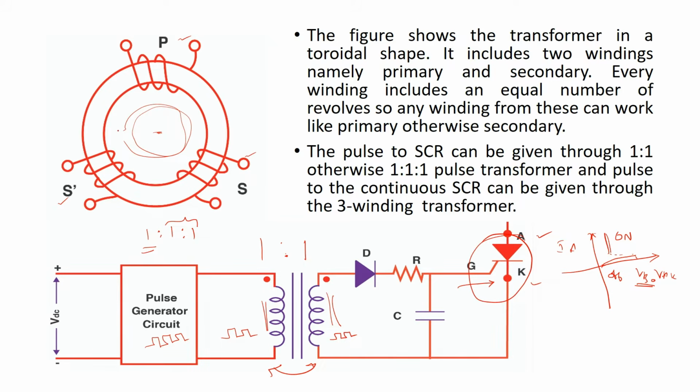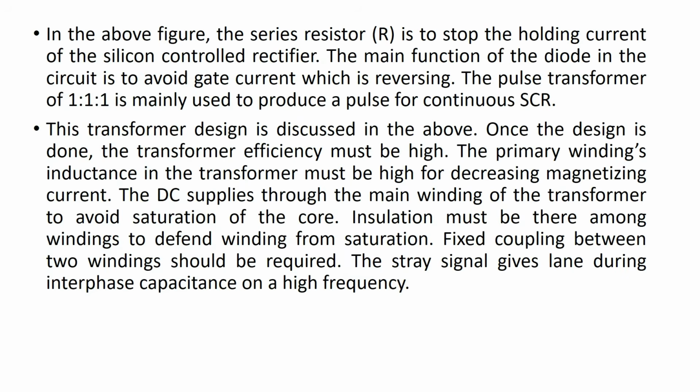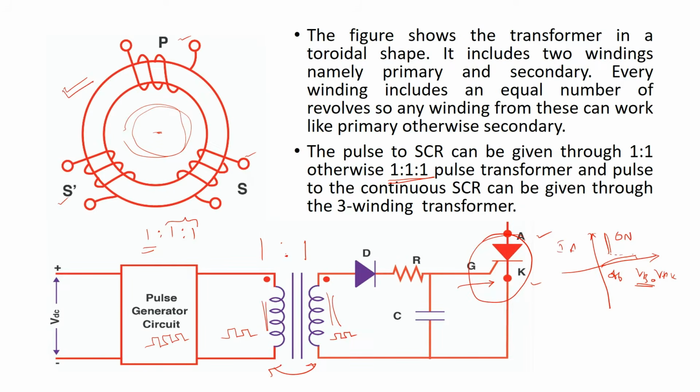When we go for this kind of pulse transformer shown in the figure, with one primary and two secondary windings, it is called a 1 is to 1 is to 1 pulse transformer. In SCR applications, we have RNC circuits. These RNC circuits are provided similar to an integrator.